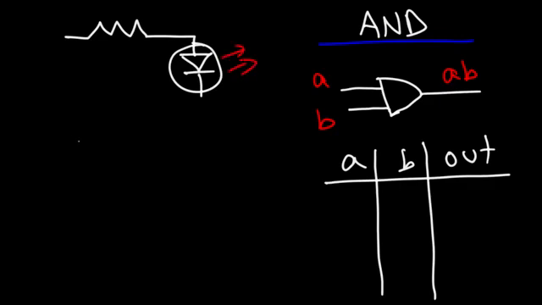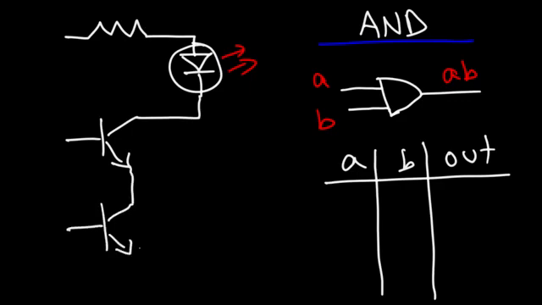So we're going to need two transistors as opposed to one. So this is input A and this is input B. And let's connect it to a voltage source.